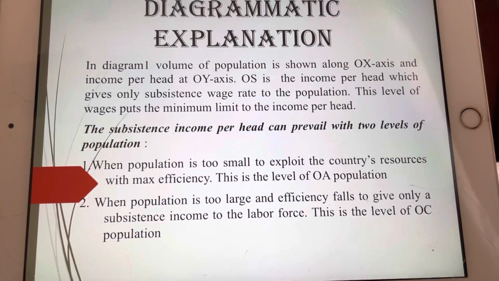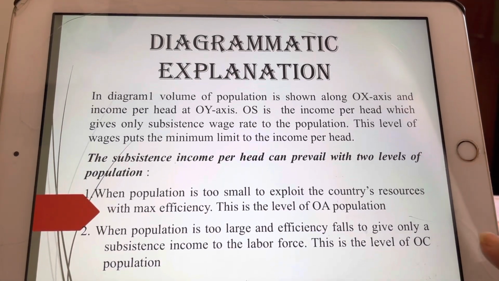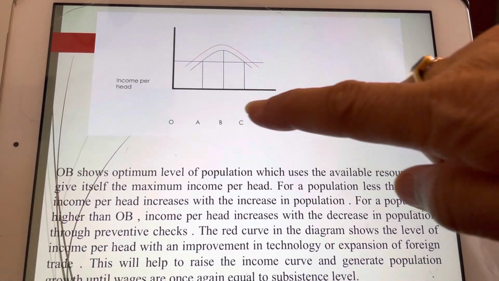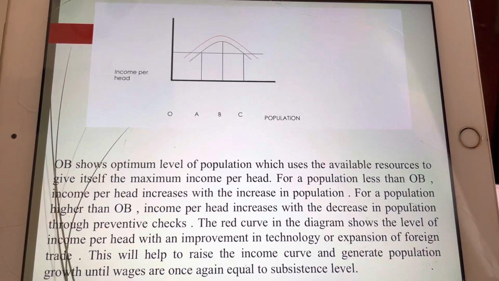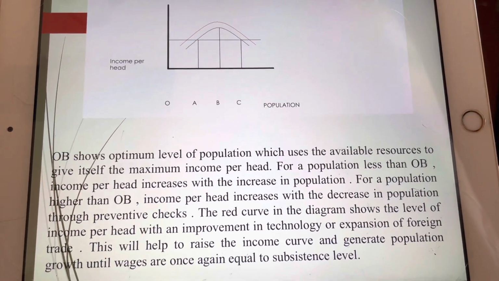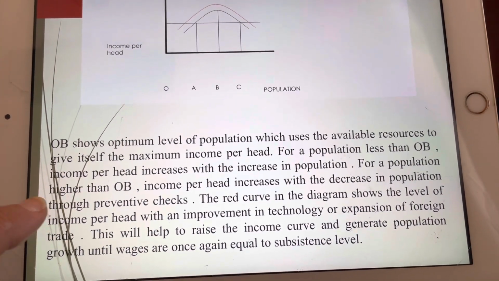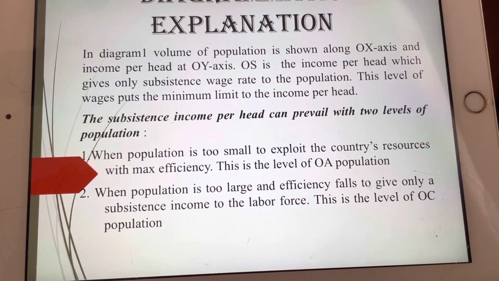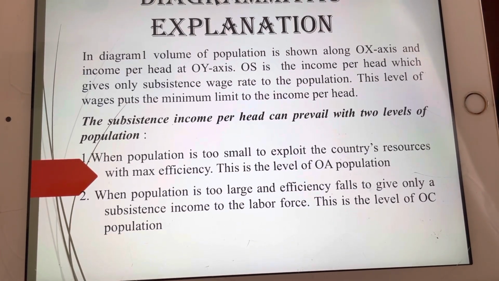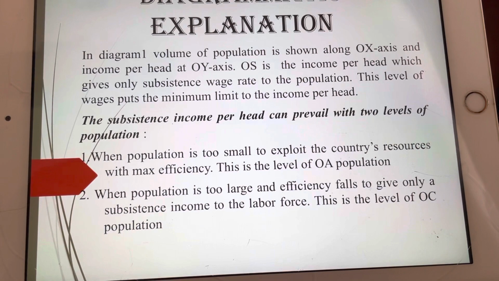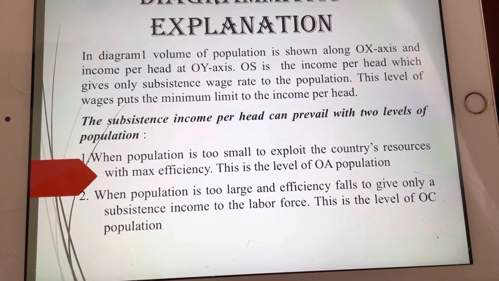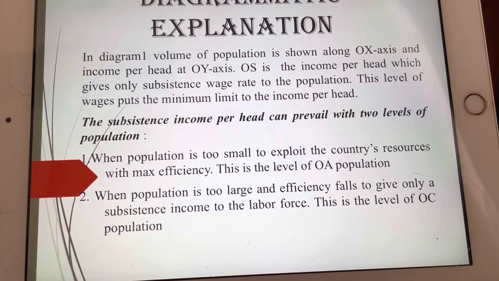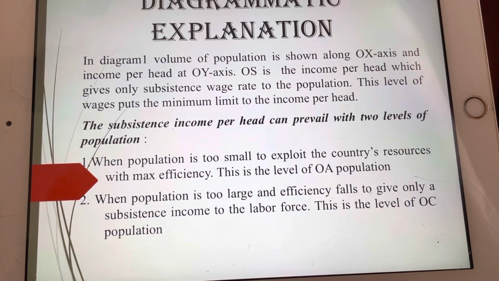We can see this through point A of the population. In OA, the population is too small to exploit the country's resources with maximum efficiency. So the population size is small at that level.